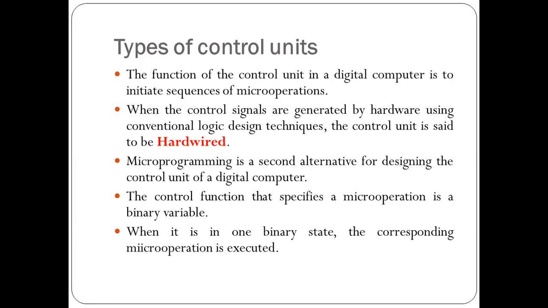If that particular binary variable is set, then it will perform one particular micro operation. Otherwise, the corresponding other micro operation will be executed. So if this control variable is in one state, it will execute the corresponding micro operation. If it is in the opposite binary state, it may not change the state of the registers, or it may lead to some other micro operation.